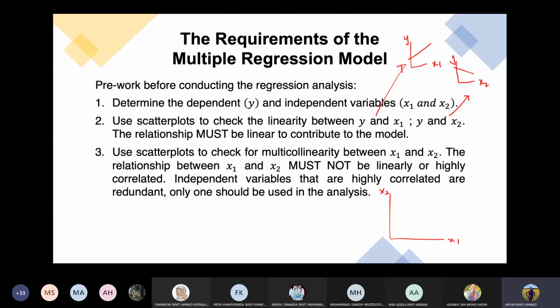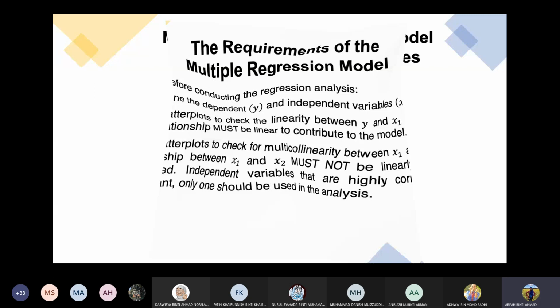So awak kena ambil salah satu variable sahaja. Kalau plot sepatutnya dapat random, yang tak relate antara satu sama lain, menunjukkan X1 dan X2 tidak related, tidak ada hubungan yang linear. Then only we can use the multiple linear regression. Okay. So daripada sini baru kita dapatkan dia punya regression coefficient.